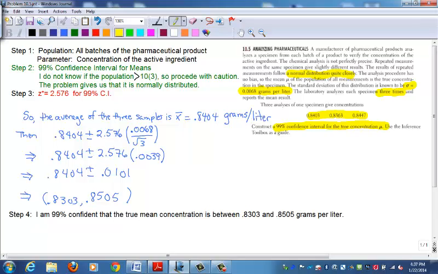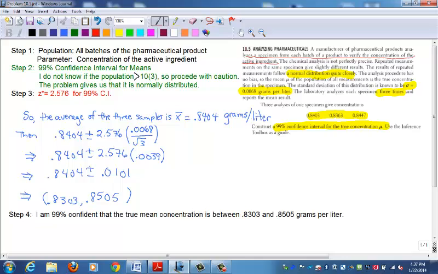If we underline this, we're analyzing a specimen from each batch to verify the concentration of the active ingredient. So that's what we're measuring, and that's what you have to ask yourself for the parameter. Sometimes it can be kind of difficult. So we're looking for the concentration of the active ingredient. And not every problem I give you is this vague.